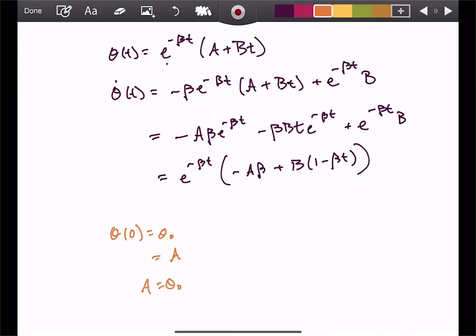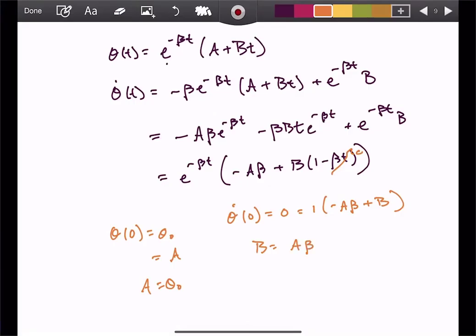Another initial condition is that theta dot of 0 is equal to 0, which is then going to be equal to 1 times minus A beta plus, in this case, this term is going to go to 0, B. So B is going to be equal to A times beta, right?